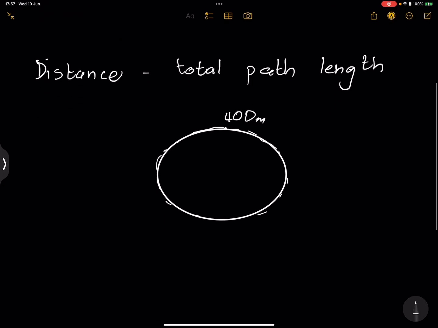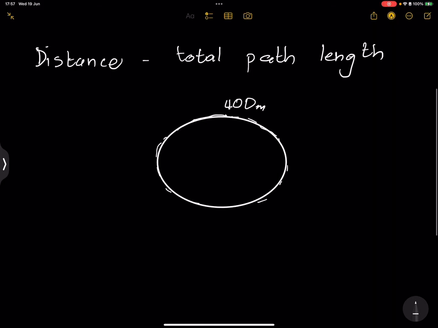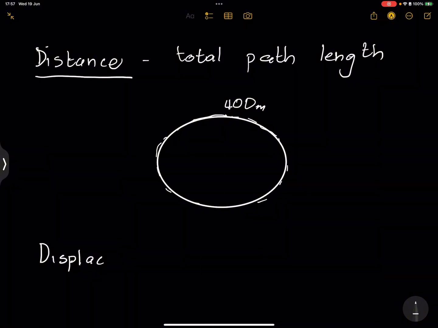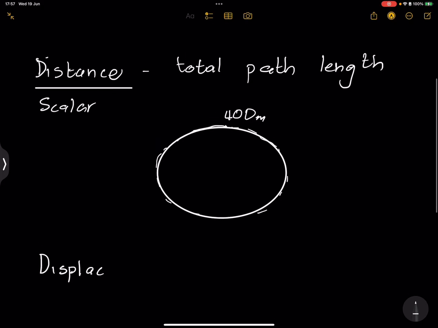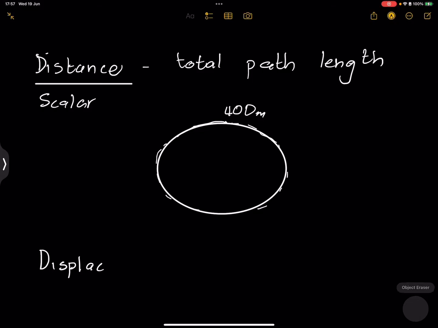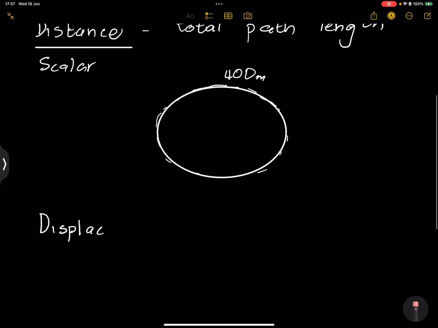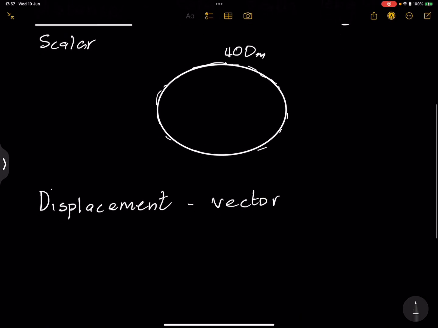Now, on the other hand, when I talk about displacement, please note the difference. Distance is a scalar quantity. If you haven't watched our videos on scalars and vectors, this would be a good time to go and do that. So distance is a scalar quantity. And when we talk about displacement, this would be a vector quantity. So what is displacement?